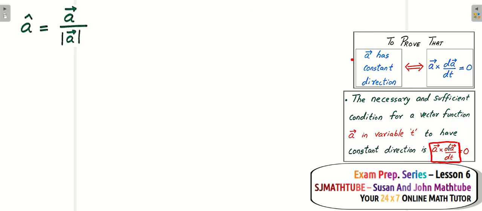The proof is slightly different than the first one. So I hope you remember the formula for unit vector. And once more I'll remind you, if A is a vector function, then modulus of A is a scalar function. In the beginning of the video we saw this.